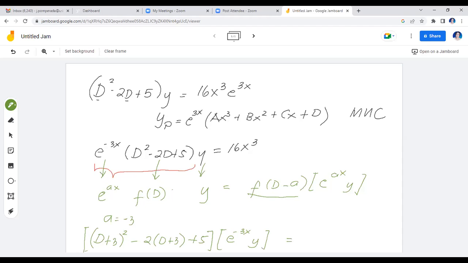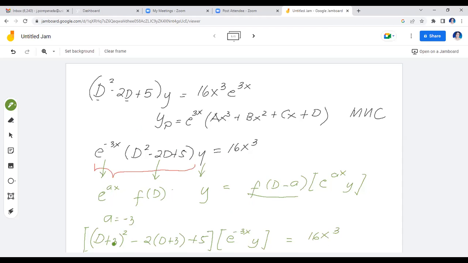You copy what is written on the right side, which is 16x cubed. You get it? The form that you have here on the left, you have transformed using this formula, applicable only to exponential shift or for this particular condition. The right side, you just simply copy it.